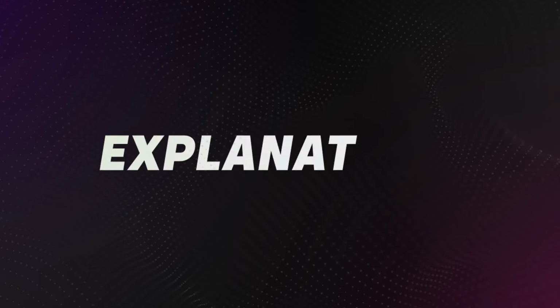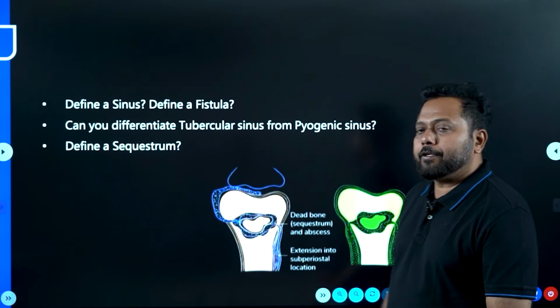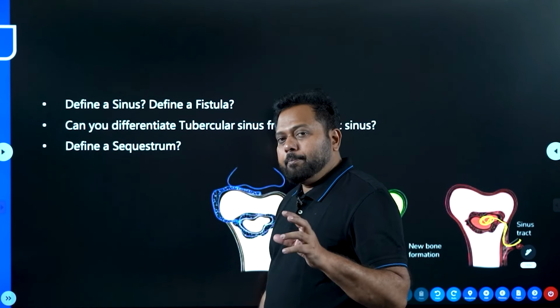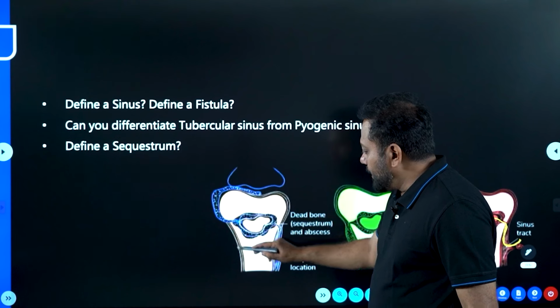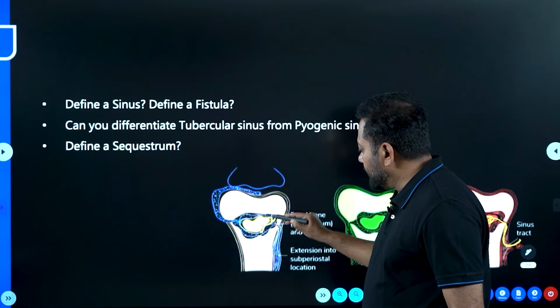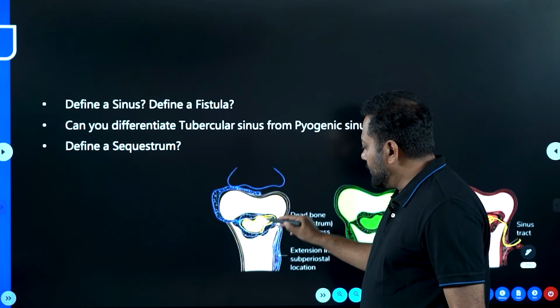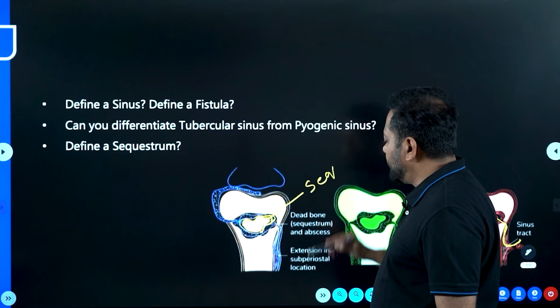Sequestrum. Here's the explanation. Sequestrum means dead bone. The correct definition of sequestrum is dead bone within a living bone. Look at this diagram. This is a living bone, and inside you are able to see a dead bone, like a nidus. This is called sequestrum.